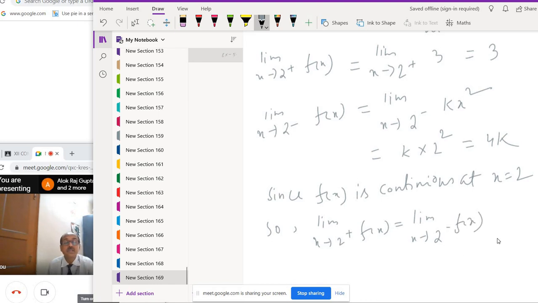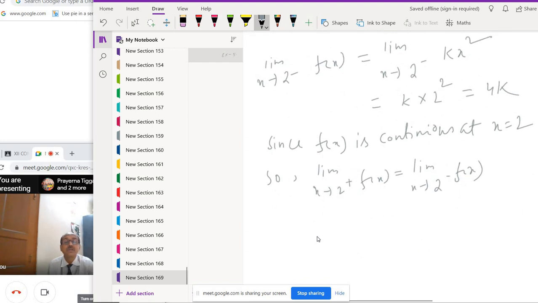Now the 2 plus value is 3 and the 2 minus value is 4k. So 3 equal to 4k.